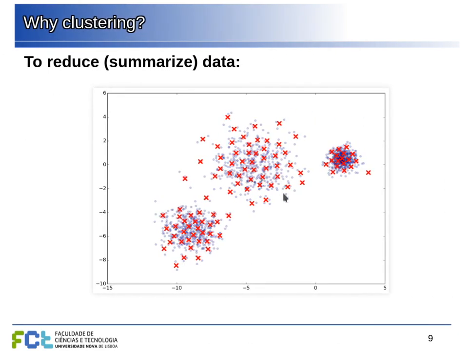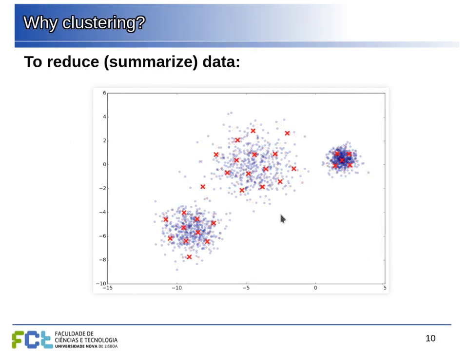For example, here we could have this initial cloud of points, the blue points there, but we could find a set of representatives that is smaller than the original number of points, but still represents the distribution of points and the density of points at different regions, only with a smaller number of examples. So this would be an example of reducing the data by summarizing it while retaining the same structure.